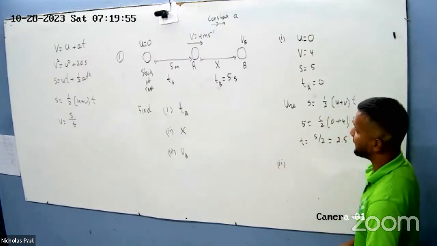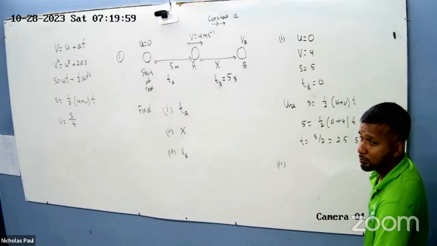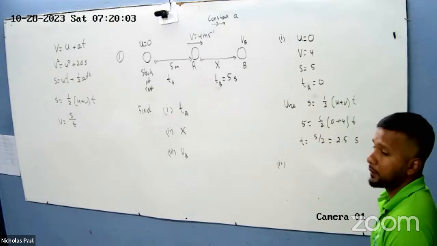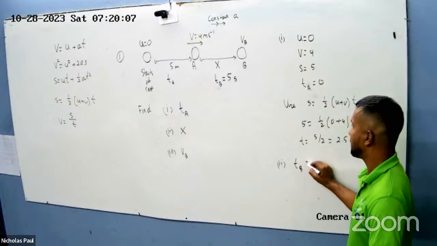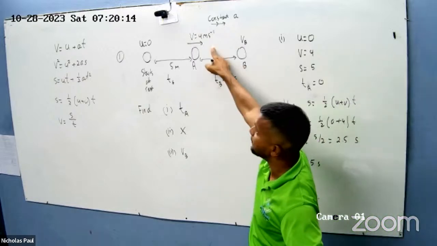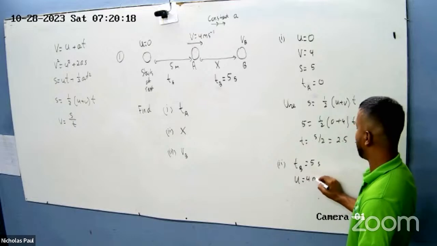X is a displacement, right? How are we going to do that? I didn't give you a final velocity. So what do we have? We have a time, and we have the initial velocity now. From here to here, this becomes the initial velocity, so the initial velocity is 4.